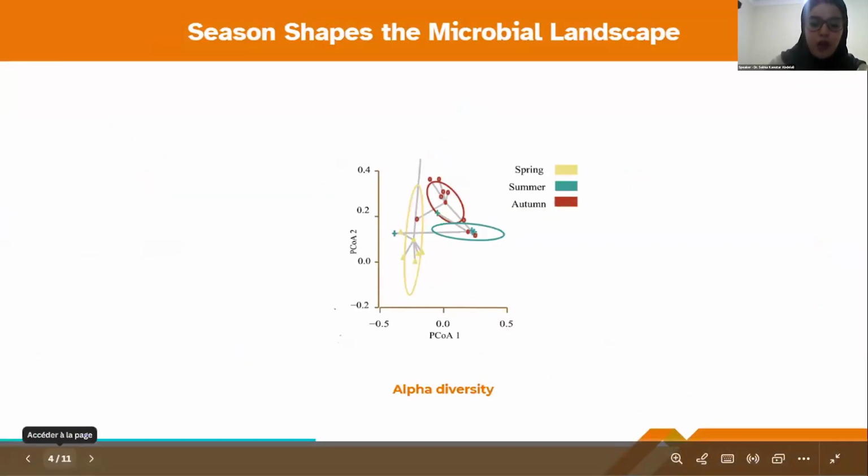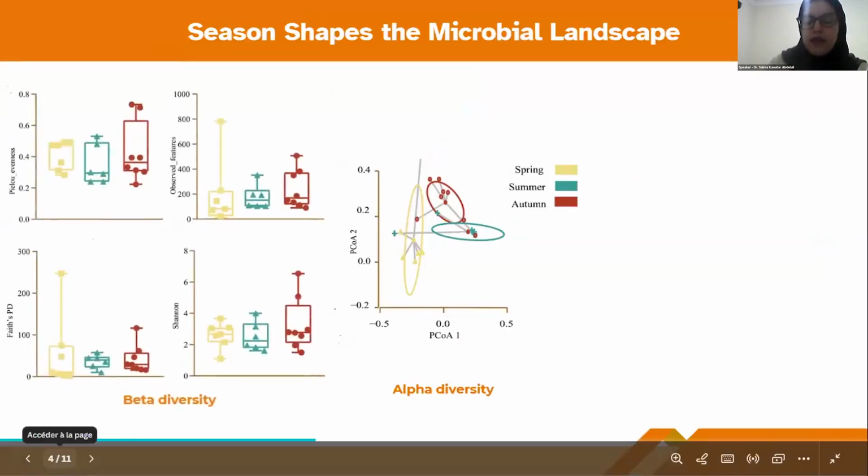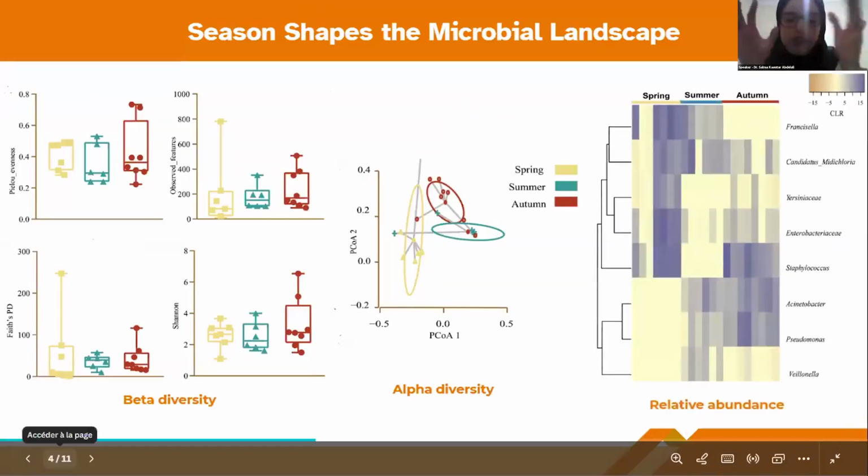For the microbiome, while overall richness remains stable across seasons, the microbiome composition shifted considerably and showed clear seasonal variation.